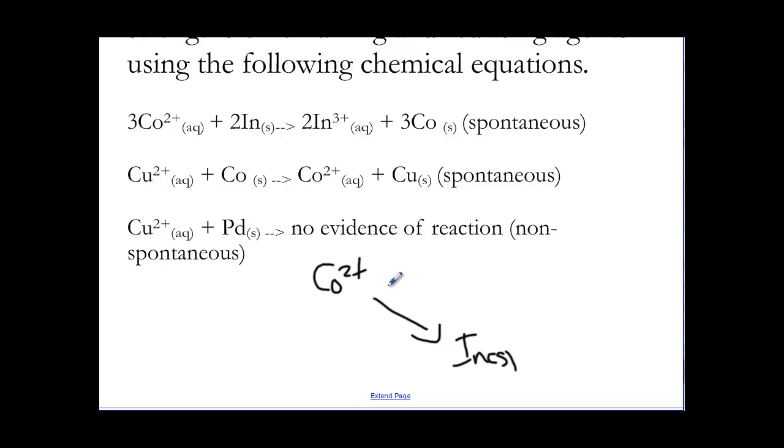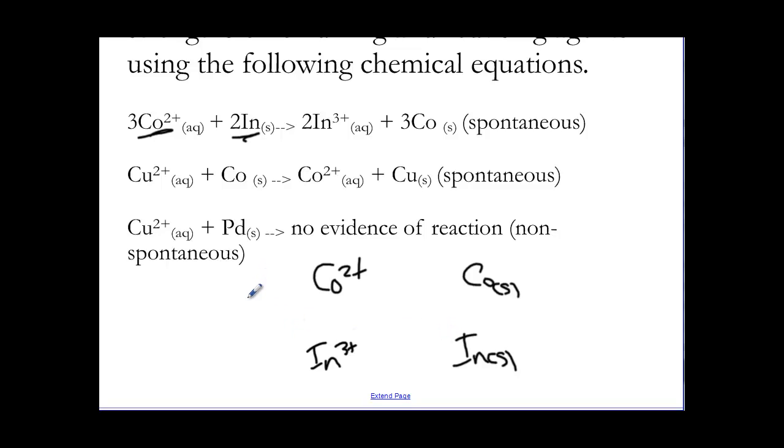What that means then is that this cobalt is going to form cobalt solid, and this indium going backwards would form indium 3+. And so that gets my table started with this guy and this guy in a downward trajectory.